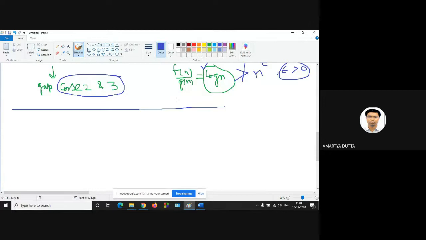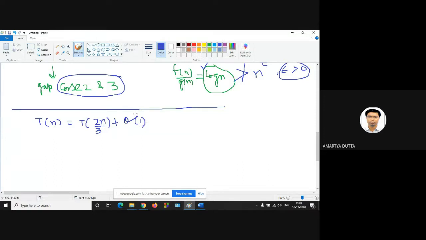The running time, the recurrence relation of the max heapify problem is T(n) = T(2n/3) + O(1).